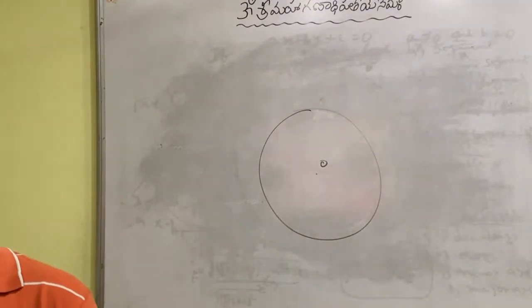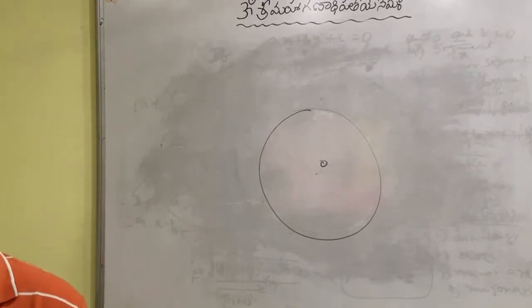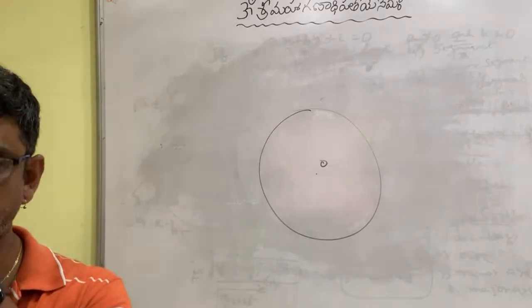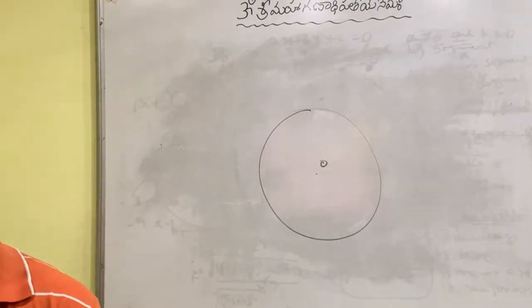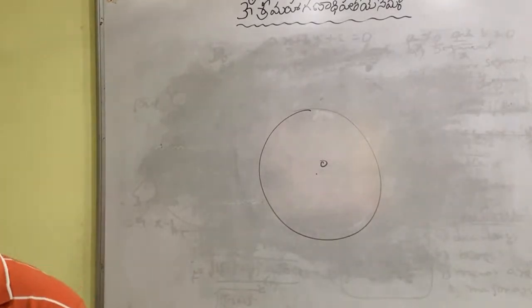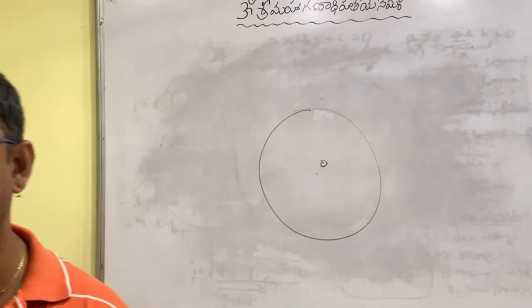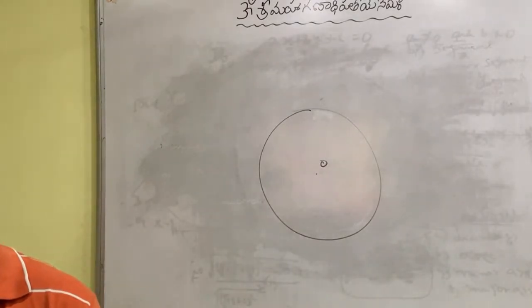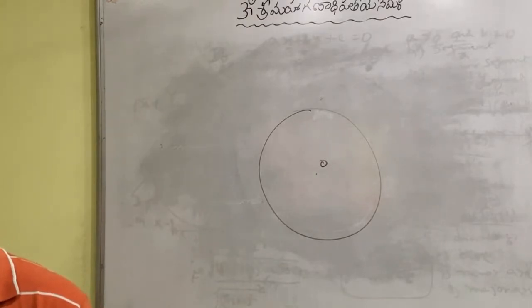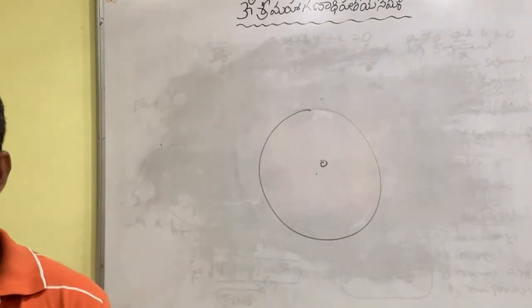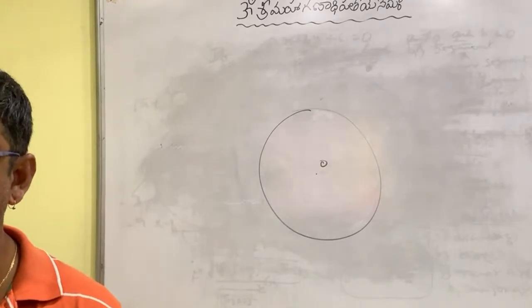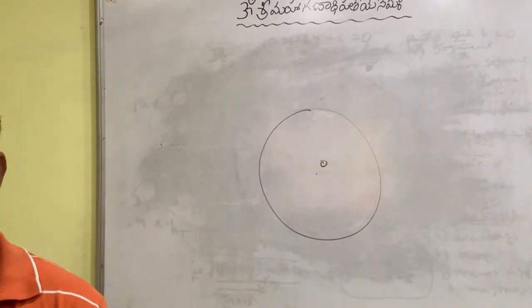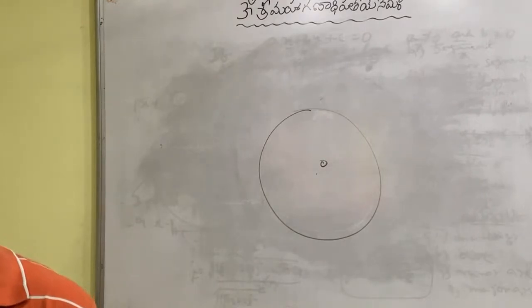What are the 3 parts? Nikhil says the 3 parts are interior, circle, exterior. Okay, no problem. Learn it. Interior, exterior, and the circumference.